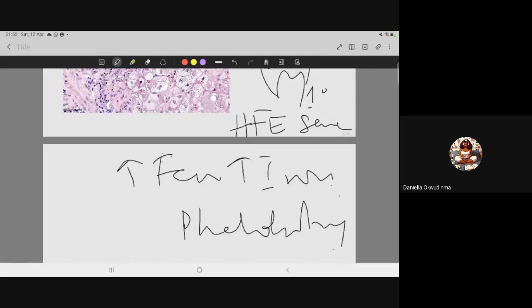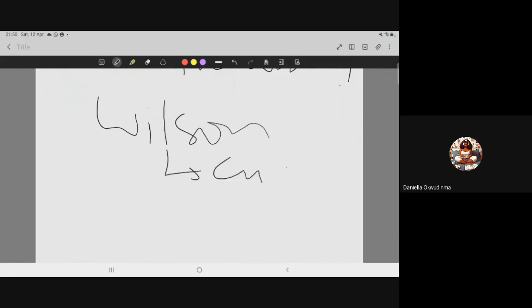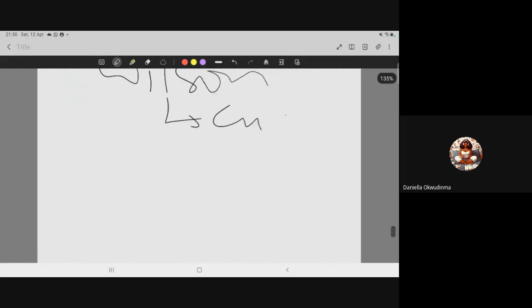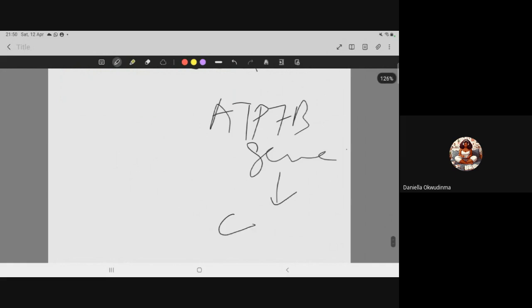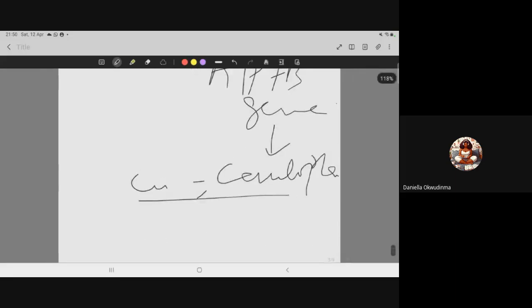Now we can talk about Wilson disease. Okay, for Wilson disease, I want you to remember it's related to copper. It's a problem with the ATP7B gene. Okay, this ATP7B gene produces your ceruloplasmin. Ceruloplasmin is basically a serum protein that combines with copper and helps in excretion of copper.